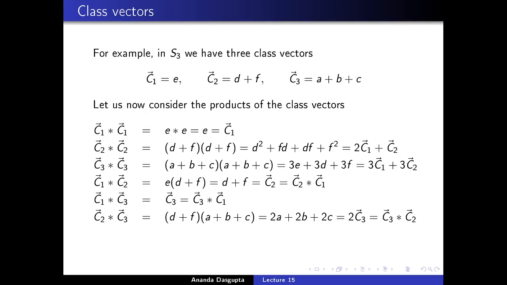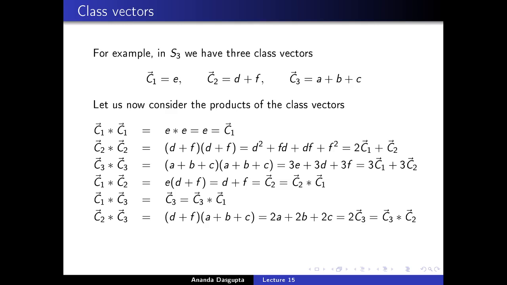If you multiply two class vectors, the result is going to be an integer combination of class vectors. Not only an integer combination, a positive integer combination of class vectors. That is, if you multiply two class vectors for whatever group, the result is always going to be a class vector times some positive integer plus another class vector times some positive integer, and so on, plus other class vectors which will not show up, they will be multiplied by 0.